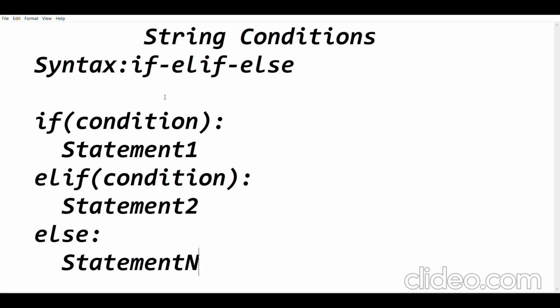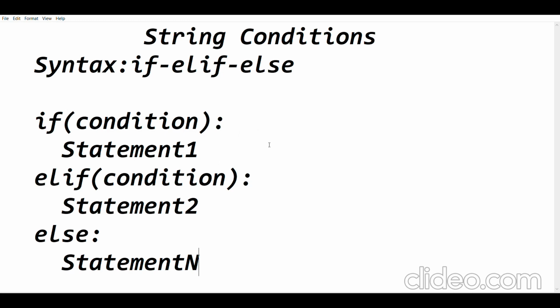The syntax of conditional statements in Python is if, elif, and else. After if, we keep some condition. If the condition is not satisfied, then the if block is not executed, and we write a colon for the block of statements.